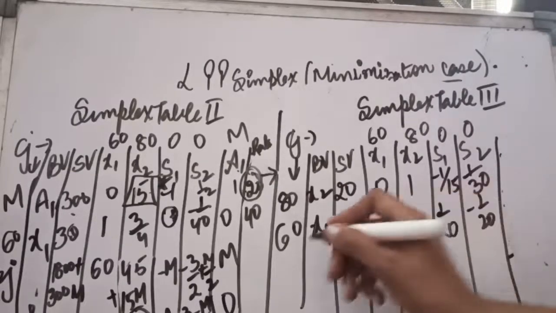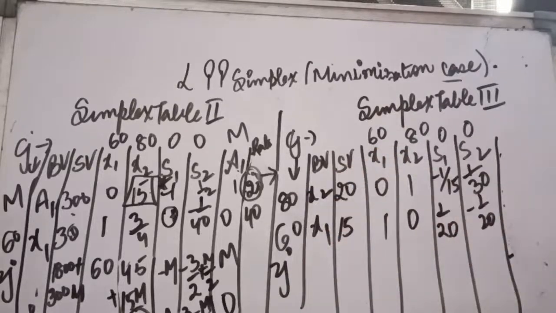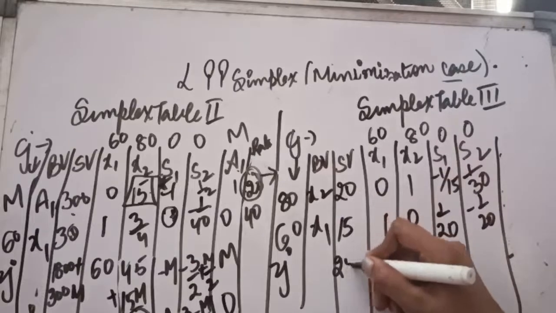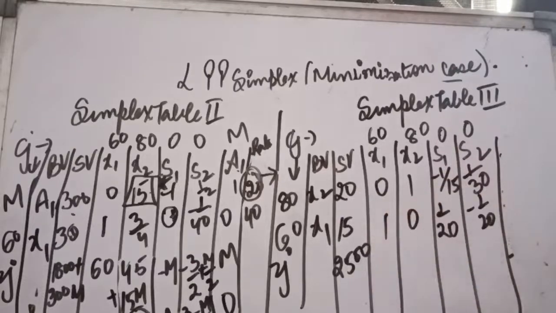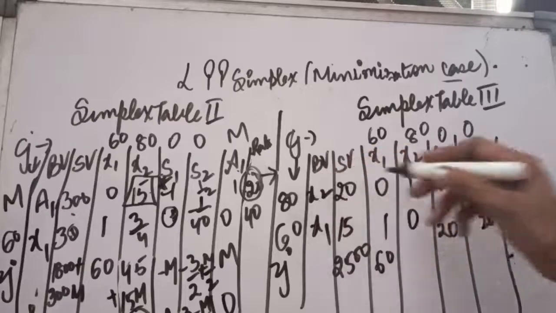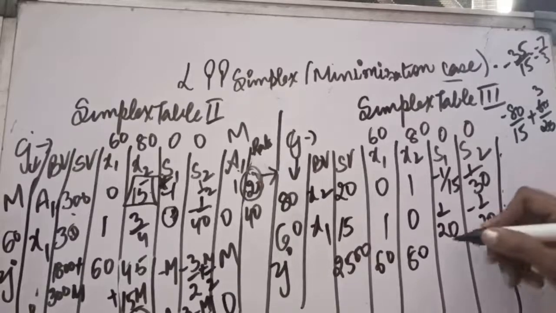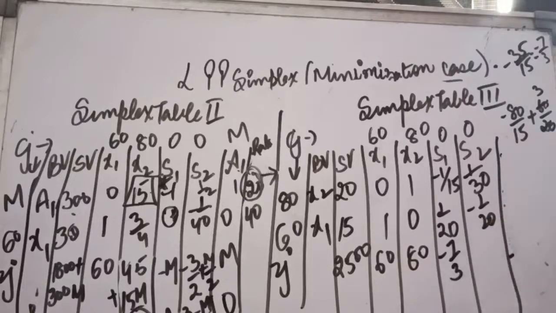So now what we can do is calculate directly the Zj. 80 into 20, that is 1600, plus 60 into 15, that is 900. It comes out to be 2500. Next is 80 into 0, 60 into 1, that is 60. 80 into 1 plus 60 into 0. Next is minus 80 upon 15 plus 60 upon 20. Solving this, it comes out to be minus 7 upon 3.